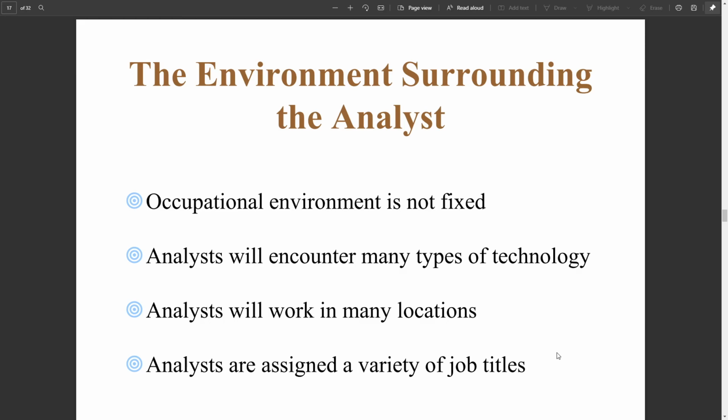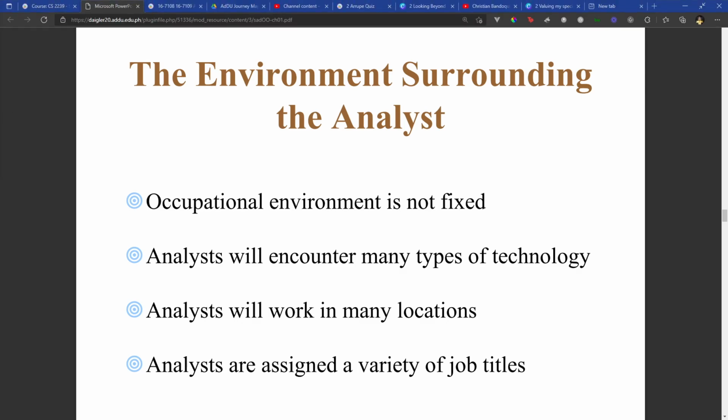So, again, there's a lot of developments in the technology. Okay? The next, analysts will work in many locations. And analysts are assigned a variety of job titles. So, pwede silang programmer, database admin, server admin, many more. So, that's a journey of the environment of being a systems analyst.